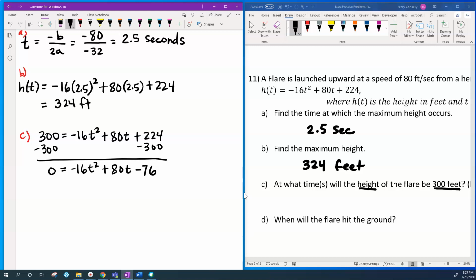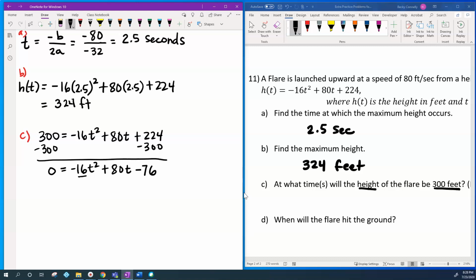From here you could try to factor it, but this doesn't look very promising to me. So in that case, you need to either do the quadratic formula or complete the square. And we haven't talked about complete the square when there's a coefficient out in front that's not a 1. So that limits our options: we've got to use the quadratic formula.